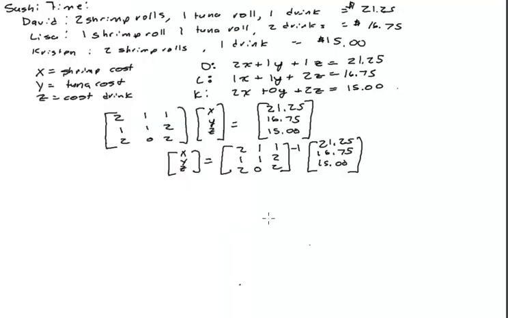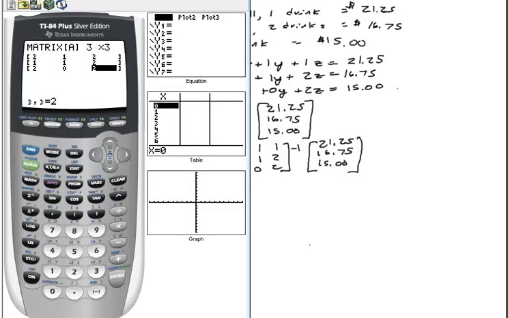So it was 2, 1, 1, 1, 1, 2, 2, 0, 2. Alright. Okay, now let's edit matrix B. Sushi is a little more expensive than chips and candy at the concession stand. We'll have 21.25, 16.75, and 15. Go back to my home screen.